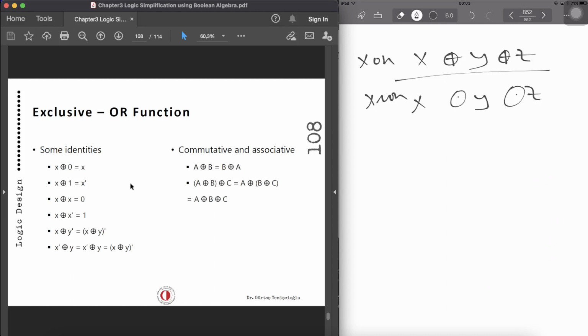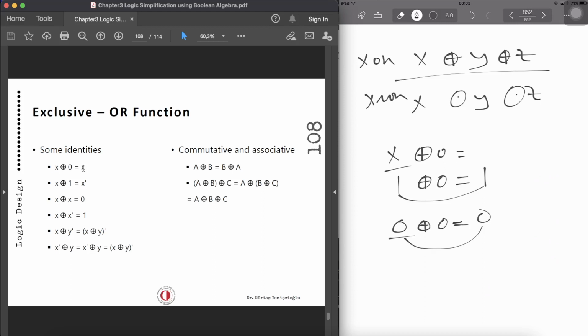So X XOR 0 is going to be X. You can try that. X can be 1, 1 XOR 0 is going to give you 1, which is X. 0 XOR 0 will give you 0, which is again X. X XOR 1 is going to be X prime, which is the opposite. X XOR X is 0.